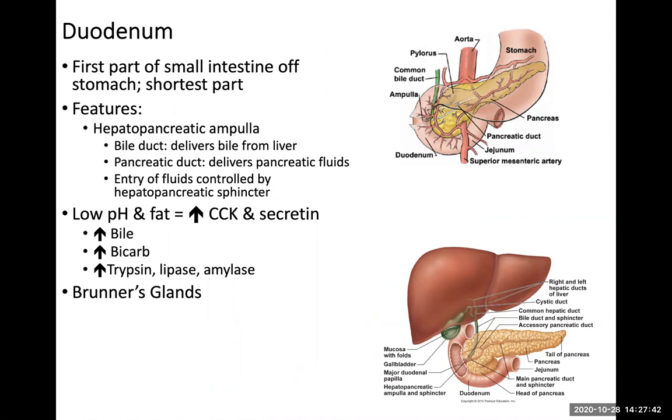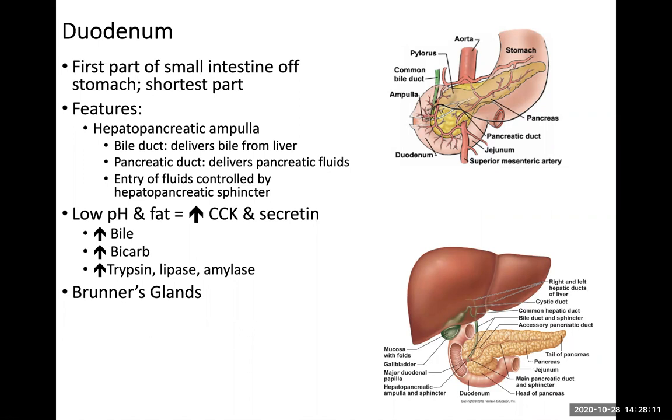Specifically when we talk about CCK and secretin, and I mentioned this on Monday, CCK and secretin work synergistically. And what CCK specifically does, when the chyme that enters the duodenum has a high fat content, that stimulates the enteroendocrine cells to secrete CCK.